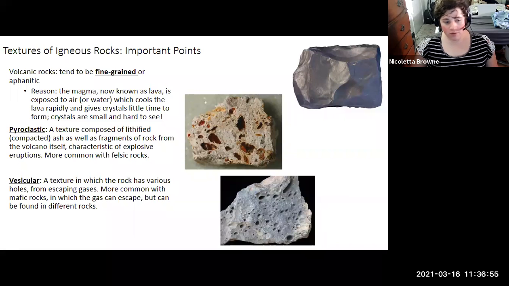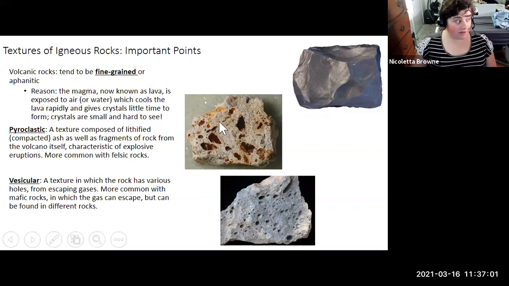We learned about a few other textures last time that will be useful for this. So a pyroclastic texture is formed when you have the fall of ash from an eruption that produces a big cloud of ash. You have the ash itself that gets lithified or turned to stone.